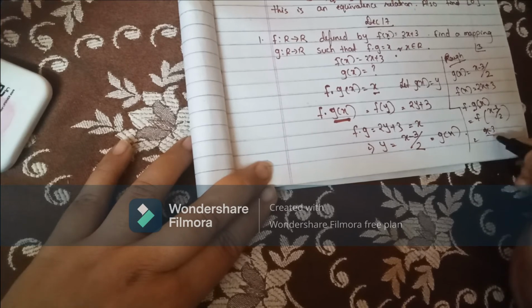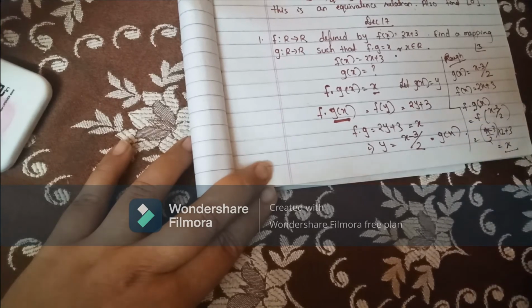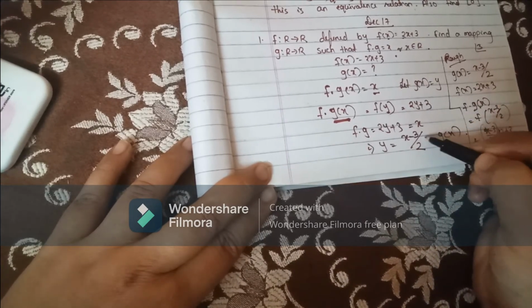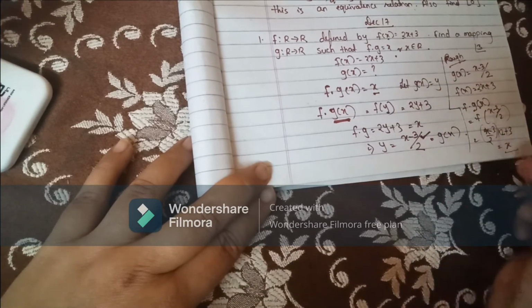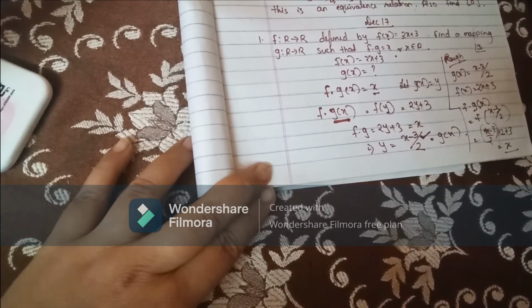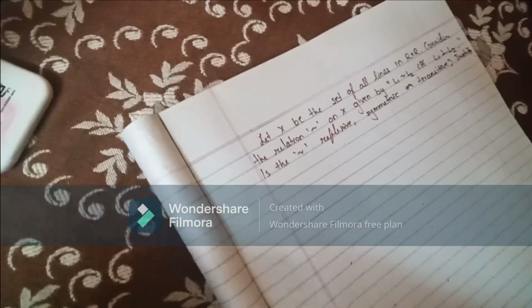So x minus 3 by 2 multiplied by 2 plus 3. After solving you will get x only. That means f of g is equal to x. So this is the desired mapping you need to find out, and this is the answer. And in December 17 only this question came from unit 1.